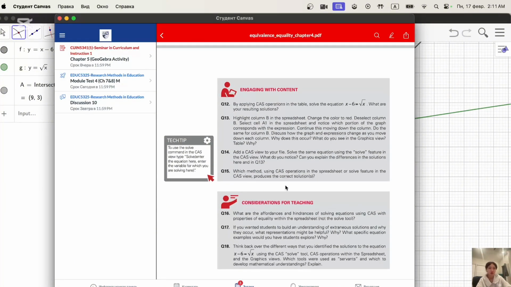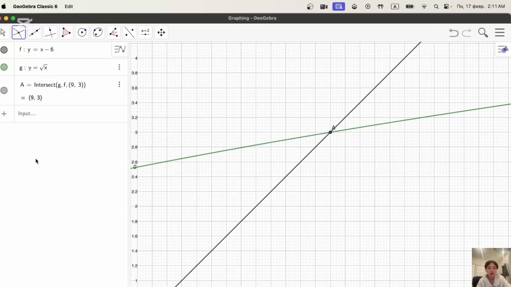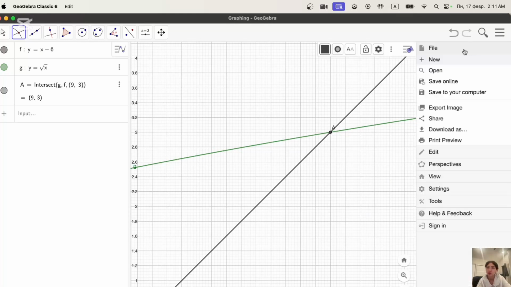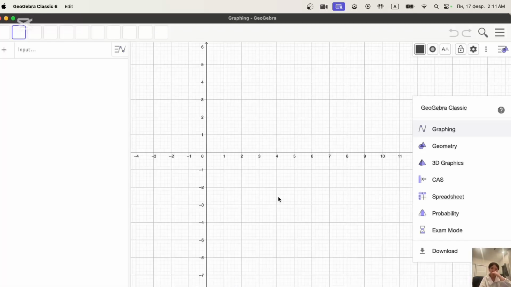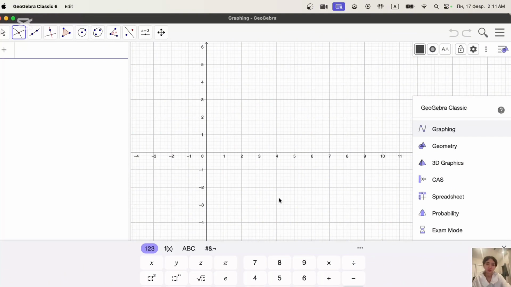Question number 3. Again, let's open our GeoGebra Classic and enable spreadsheet view and graphic view. So in this question, we analyze how changes in the spreadsheet dynamically affect the graphic view and expressions.